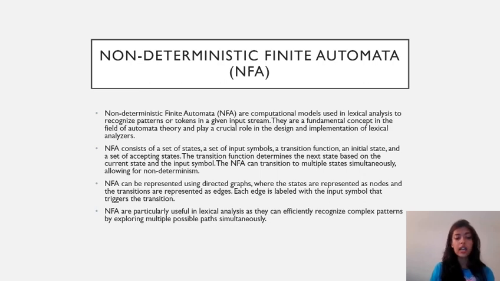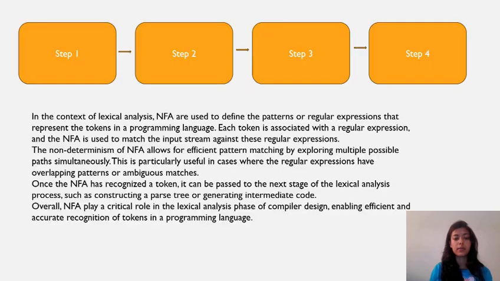An NFA can be represented using directed graphs where the states are represented as nodes and the transitions are represented as edges. Each edge is labeled with the input symbol that triggers the transition. NFAs are particularly useful in lexical analysis as they can efficiently recognize complex patterns by exploring multiple possible paths simultaneously.